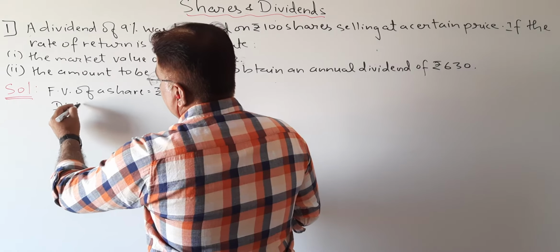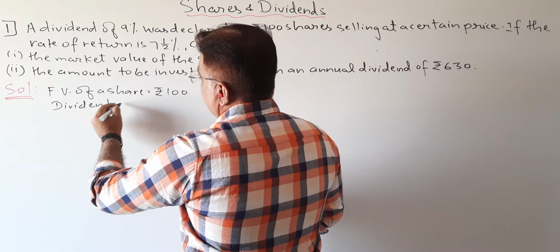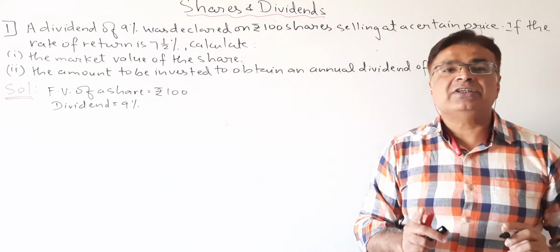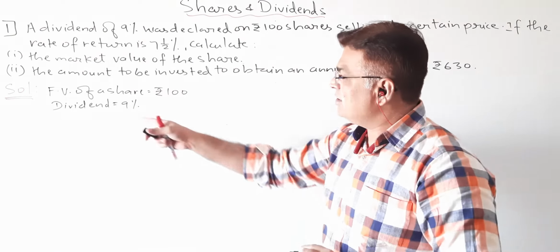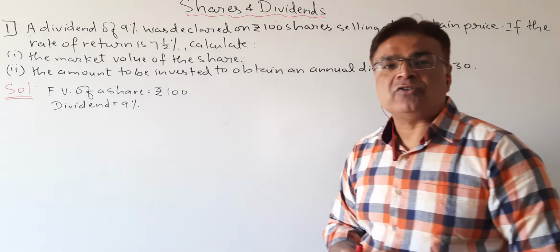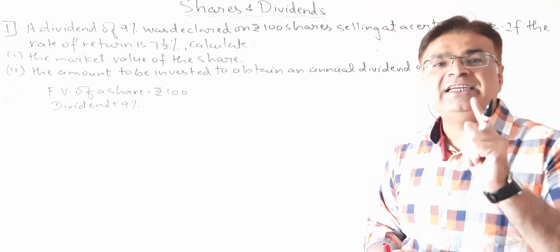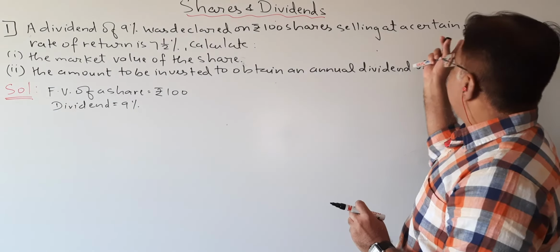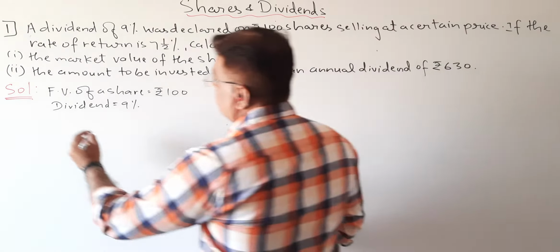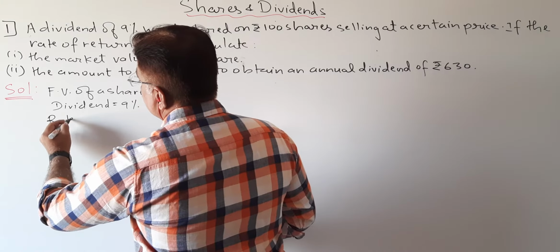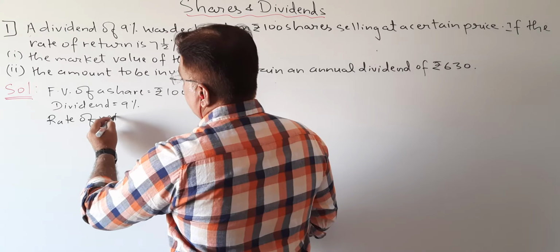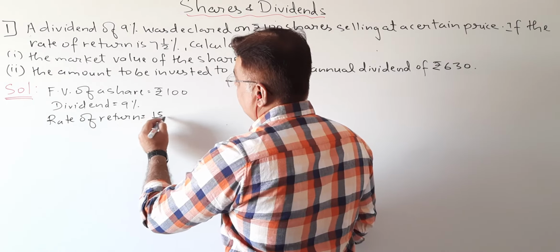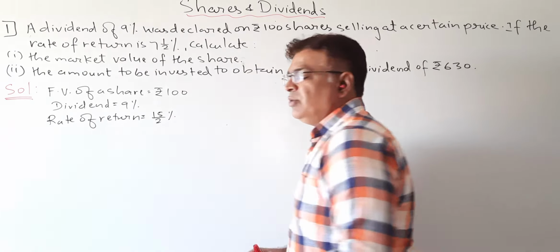Dividend is declared as 9%, and as all of you know, dividend is always calculated on the face value. So dividend is 9% of 100, that will be rupees 9. So on each share you will earn rupees 9. And at a certain price, the rate of return, that is your income, is 7.5, that I can write as 15 upon 2%.